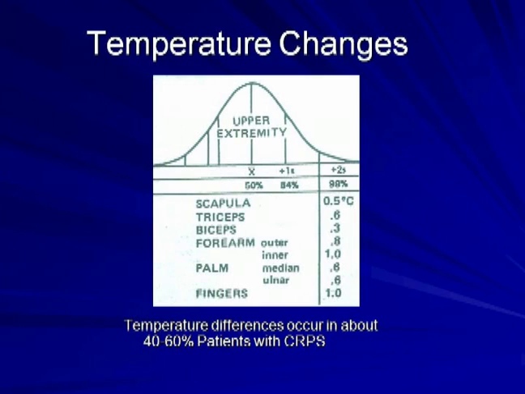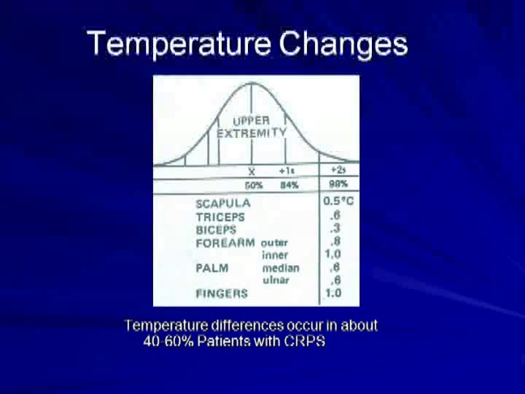They would measure the temperature on symmetric parts of the body and see what the difference was. So if you look at these areas, scapula, triceps, biceps, etc., the 2 standard deviation range was anywhere from 0.5 to 1 degree Celsius.